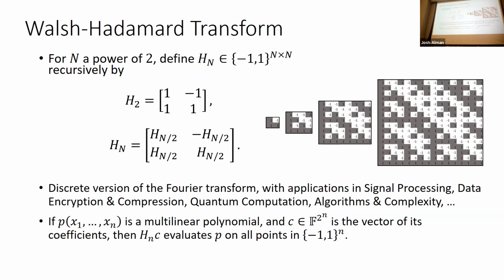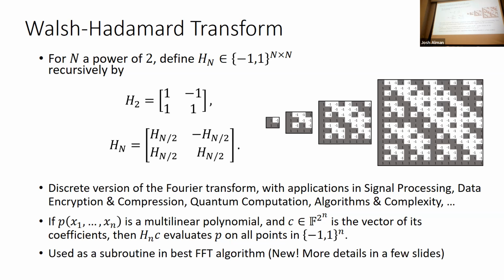Another example, a newer one that I'll tell you more about later in the talk, is that the Walsh-Hadamard transform can be used as a subroutine in the best FFT or DFT algorithms. So if you've seen the FFT, this can also be used to speed it up.